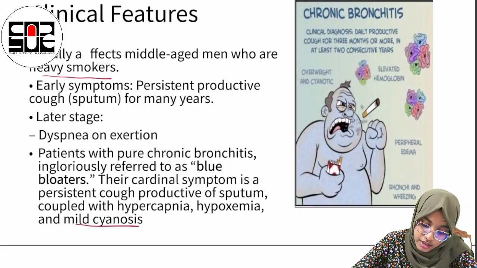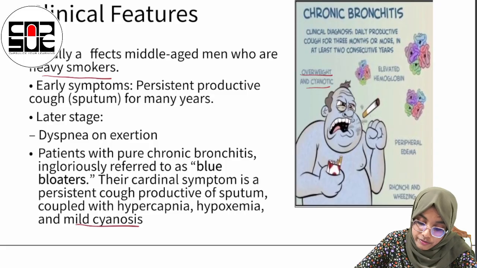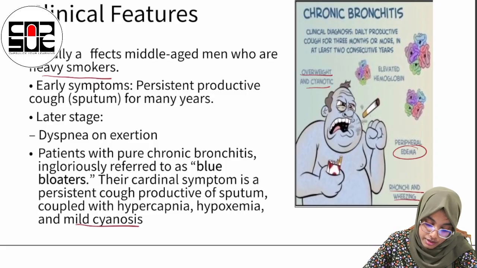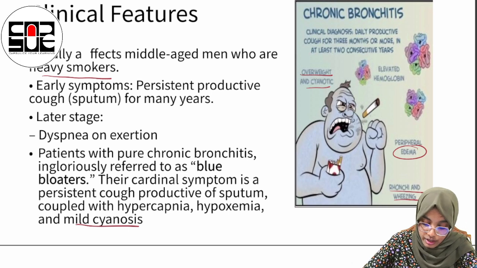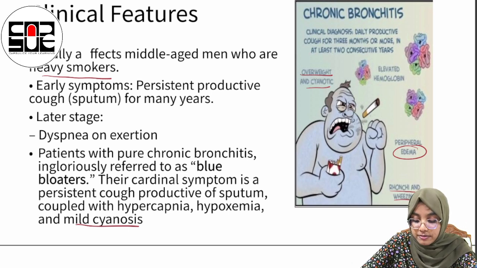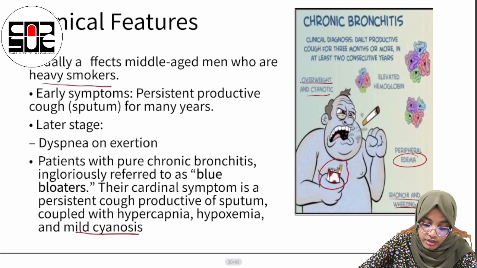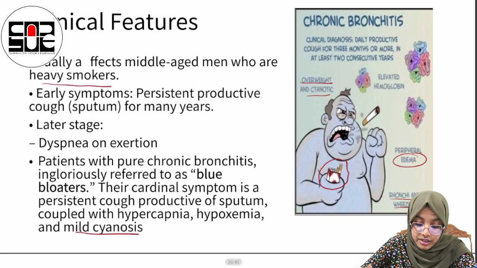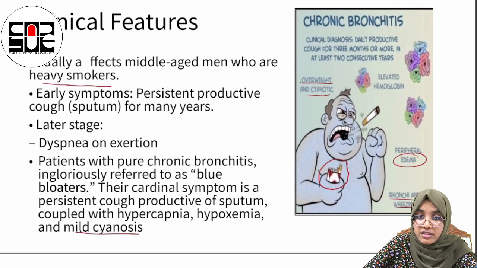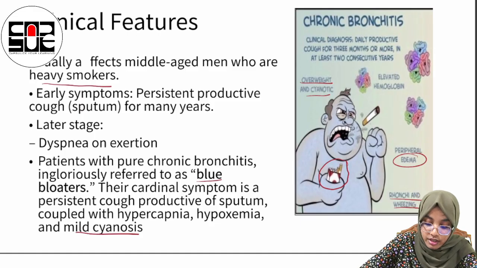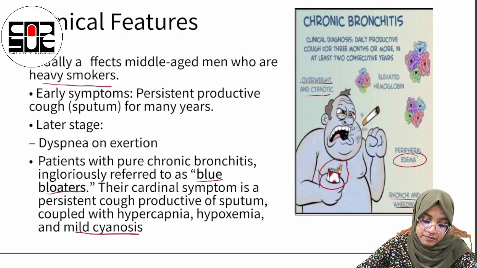He is cyanotic, overweight, and has edema. He has rhonchi and wheezing. He has hypercapnia and a chronic productive cough, and you can see that he is a heavy smoker. So this is the term used to describe patients who are affected with chronic bronchitis. They are referred to as blue bloaters.